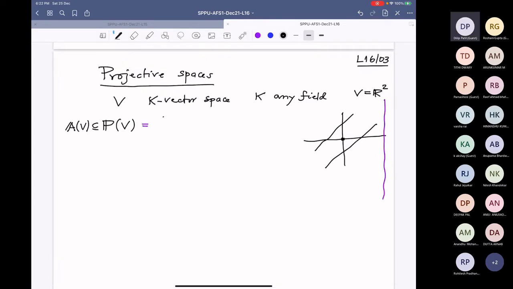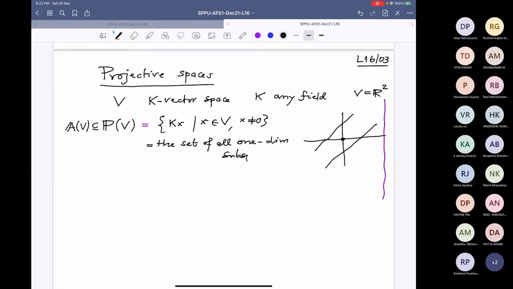All right, so this is the set of one-dimensional subspaces Kx. Kx is one-dimensional and x has to be non-zero, so x is varying in V and x is non-zero. So this is the set of all one-dimensional subspaces of V. What are they?